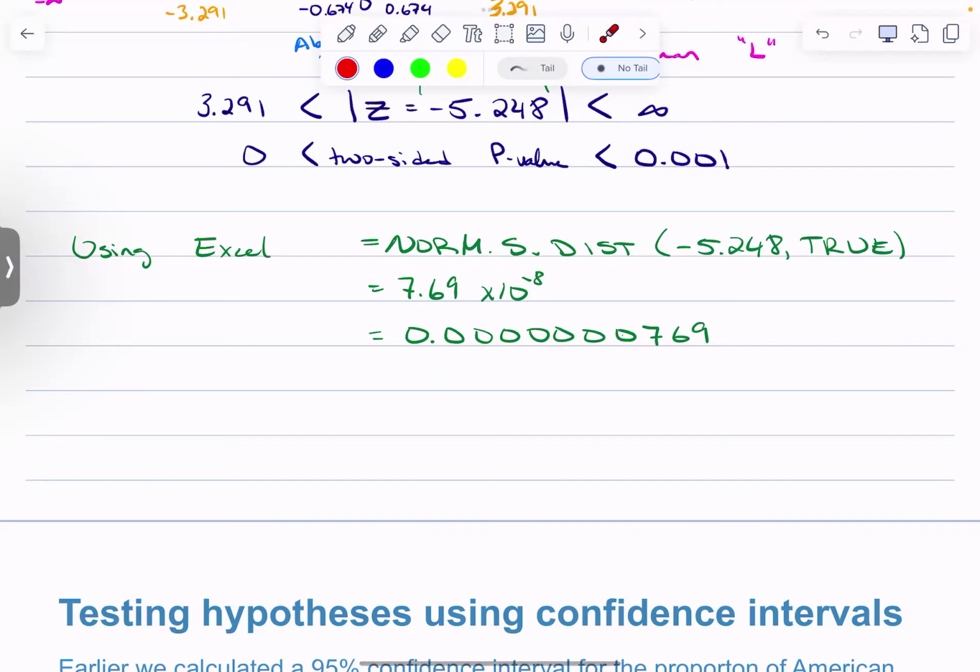I think I did that right. That's the exact area in one of the tails, right? We don't need to be that particular. This is the exact one-sided p-value.